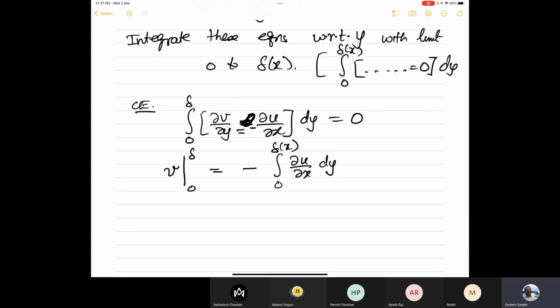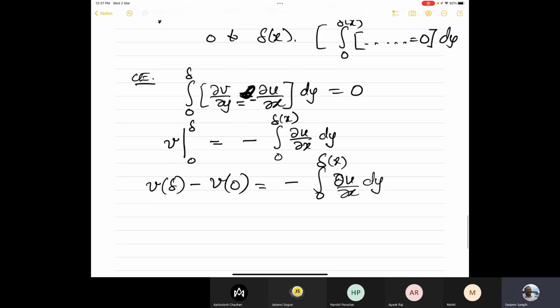And the upper side becomes v at delta minus v at 0 is equal to minus integral from 0 to delta of ∂u/∂x dy. Okay.